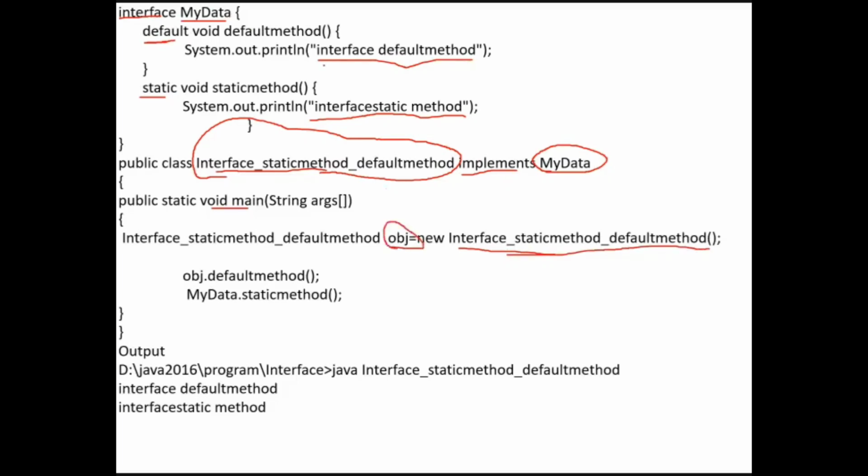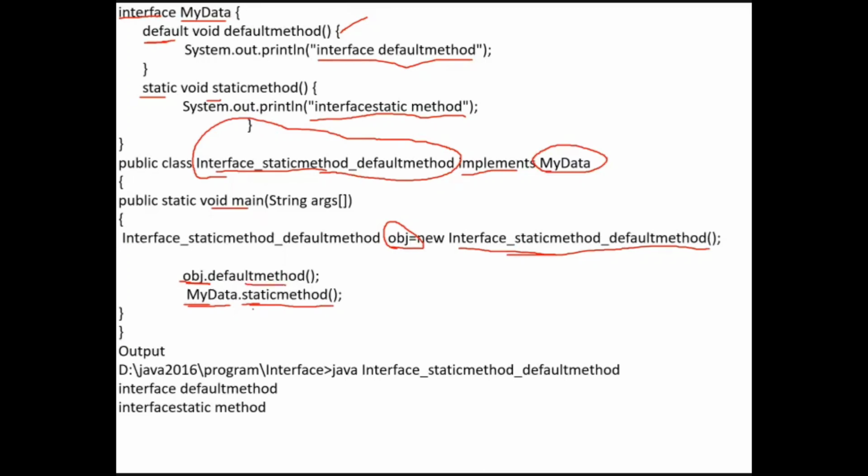Now the default method can be called by using the object and dot operator. The static method we can call by using the interface name and dot operator. But we cannot call the default method by using the interface name.